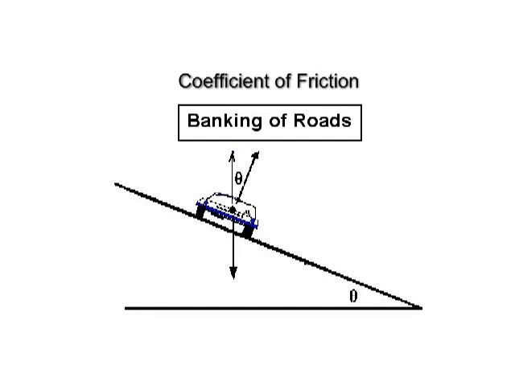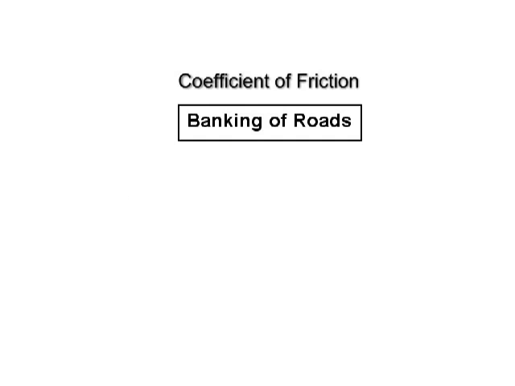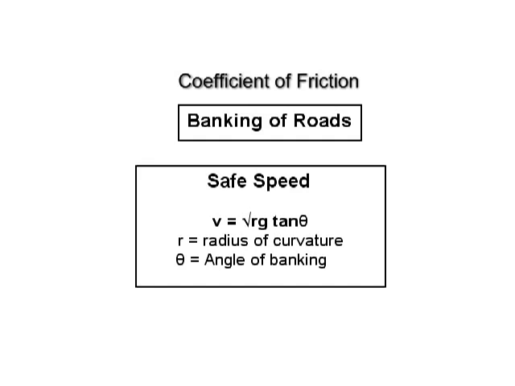The angle made by the road bed with the horizontal is known as angle of banking, and in that case the safe speed is given by the formula v is equal to under root r g tan theta, where r is the radius of the curved path and theta is the angle of banking. Now in this formula, there is no risk in increasing the safe speed by increasing the angle of banking. So as the angle of banking increases, the safe speed can be increased.